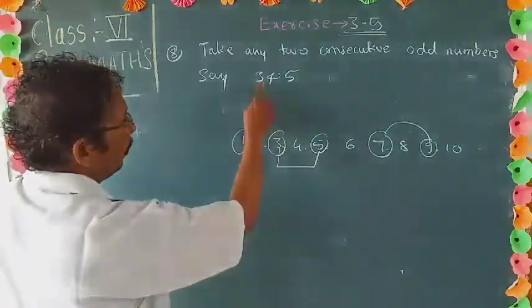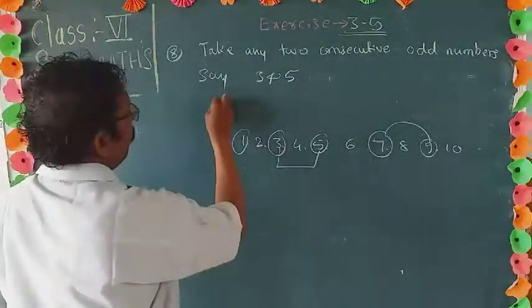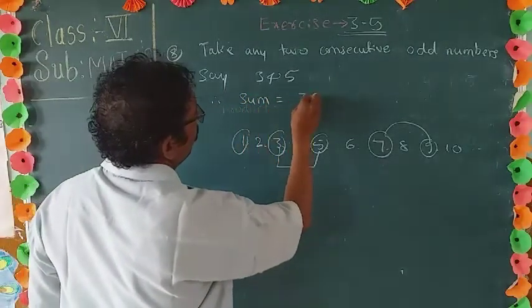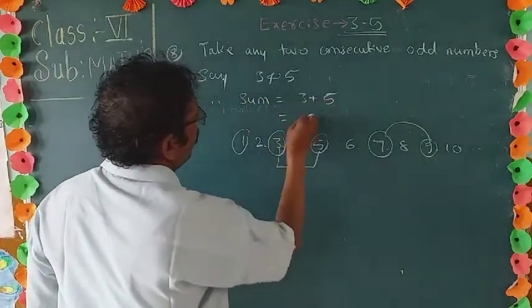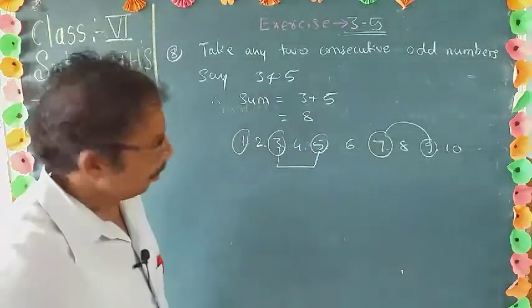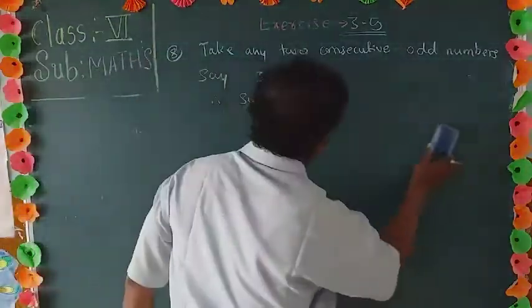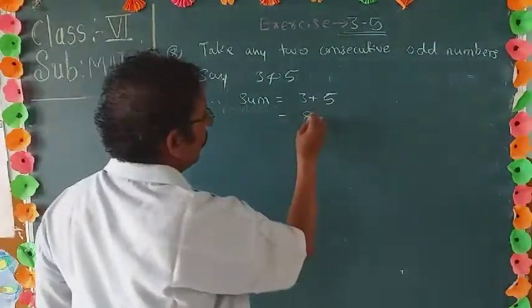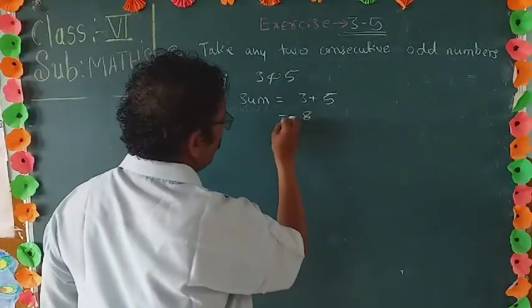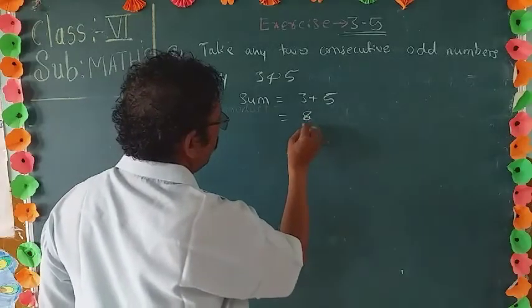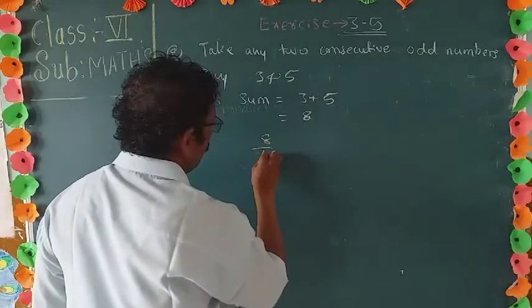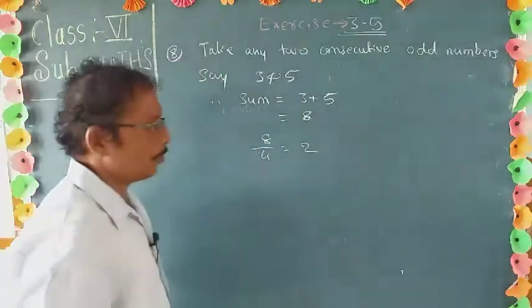Let us take 3 and 5. Therefore, sum is equal to 3 plus 5, that is equal to 8. Now the sum of these two consecutive odd numbers is 8, and we can divide this 8 by 4. 8 by 4 is equal to 2.